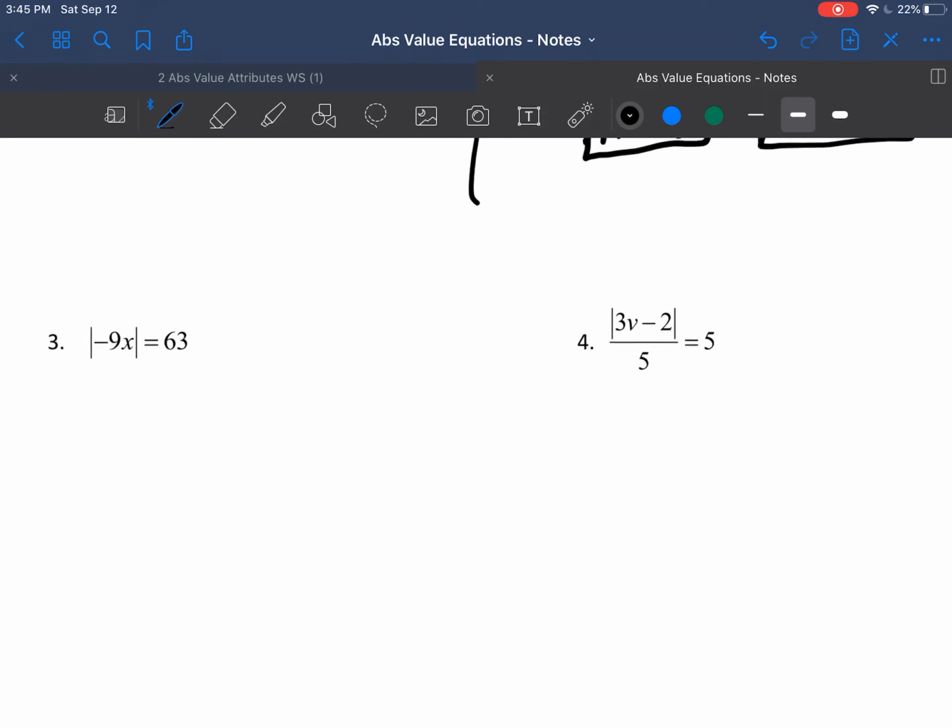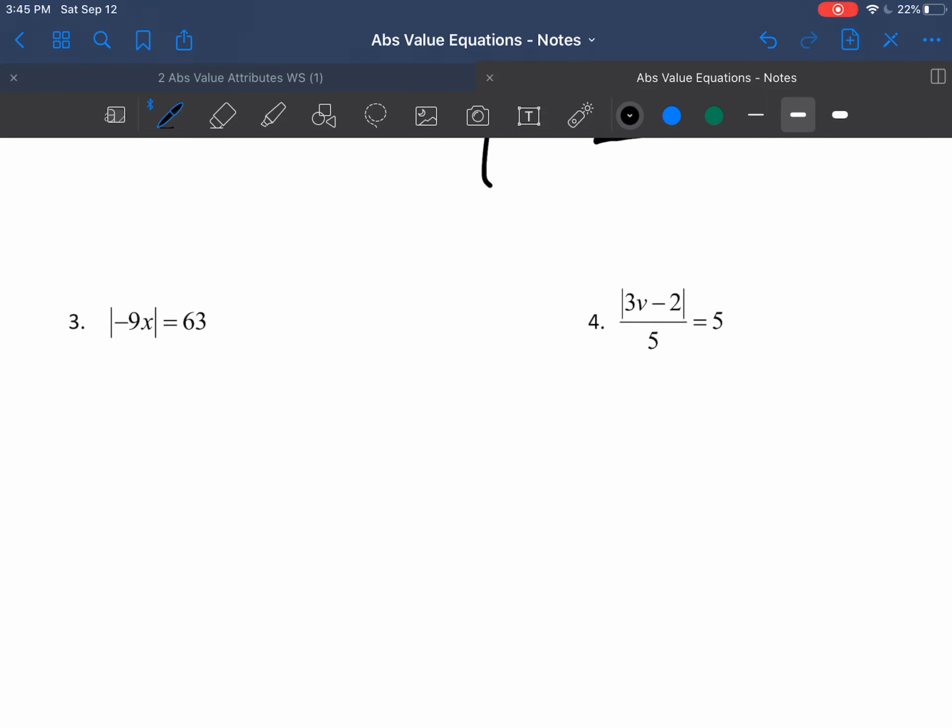Okay, on number 3, the bars are already isolated, so we are ready to set this negative 9x equal to positive 63 and negative 63.